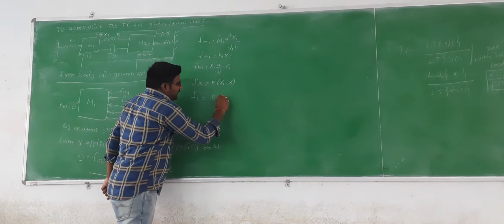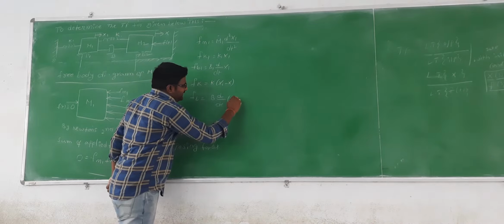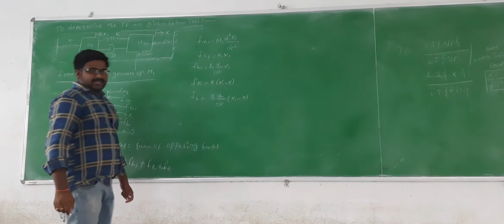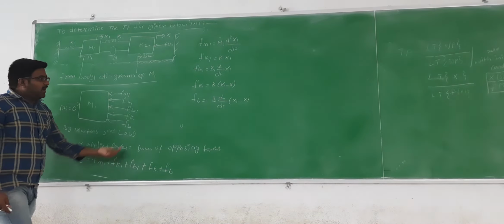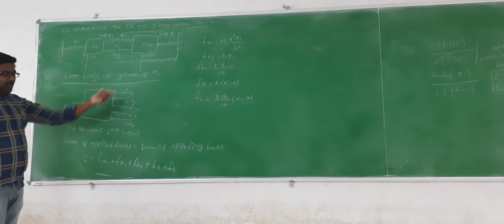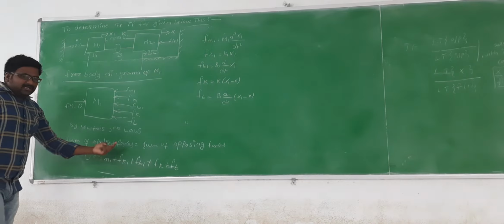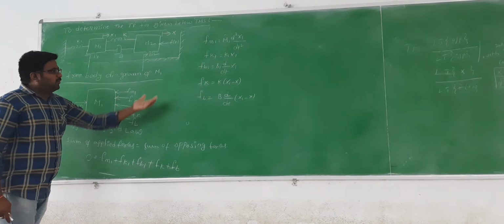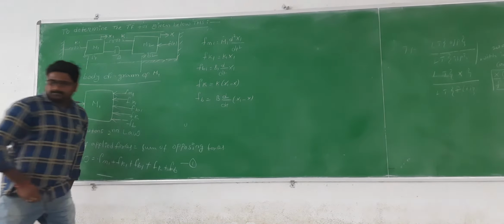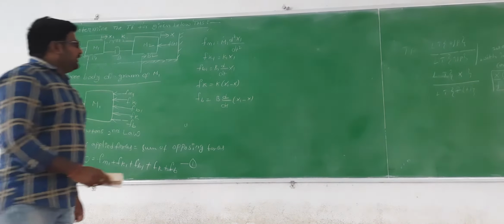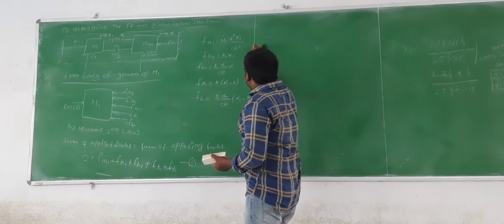B is also connected between the two displacements, so b d by dt of x1 minus x. Okay, so substitute all the force balance equations for mass, spring and frictional coefficient in equation 1.